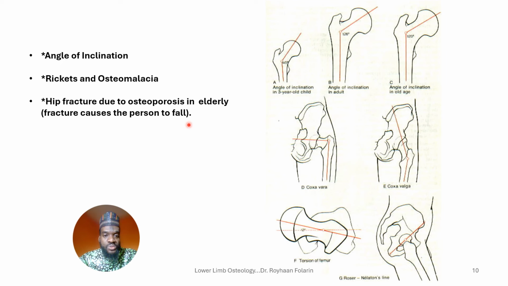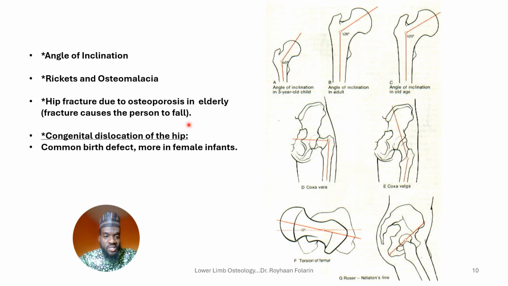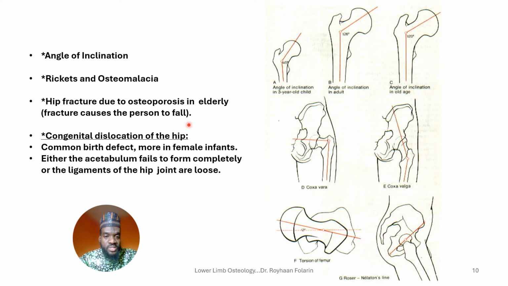So we could also have congenital dislocation of the hips. It's a common birth defect that is more common in female infants. So you either have the acetabulum failing to form completely, or you have the ligaments of the hip being too loose.